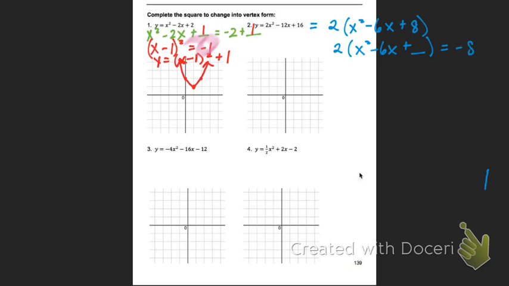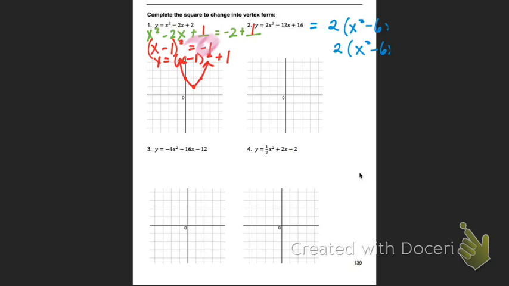So then I have 2 times x squared minus 6x plus blank equals -8 plus blank. So I just moved that -8 over. Then we cut the 3 in half. Wait, hold on. I'm going to go back and fix something.